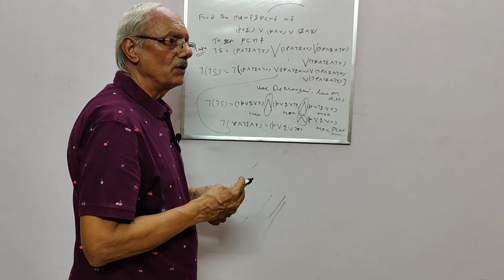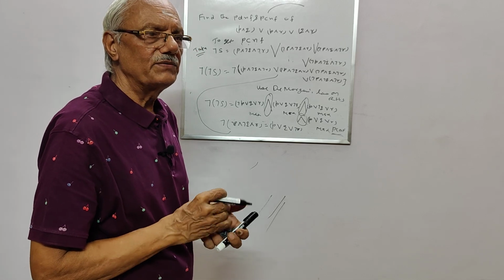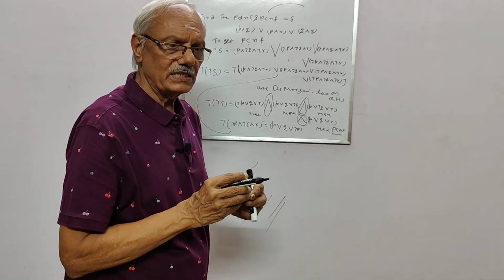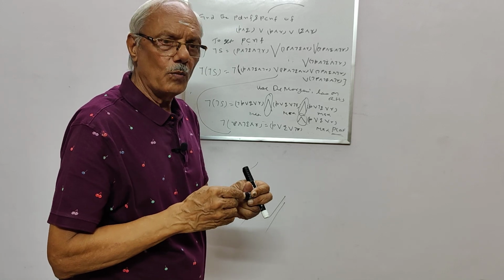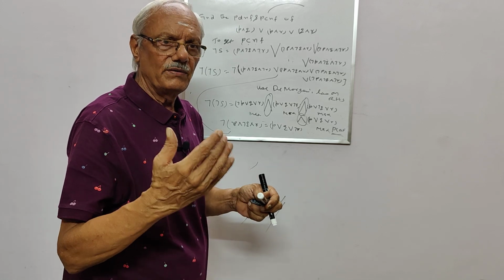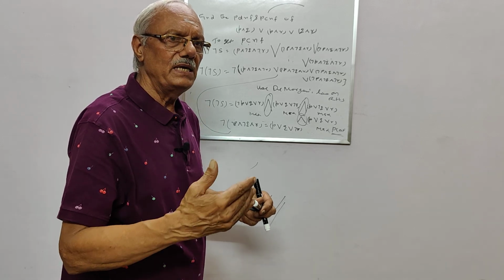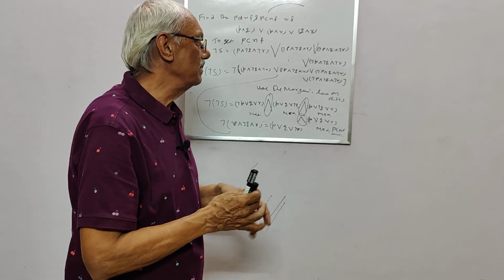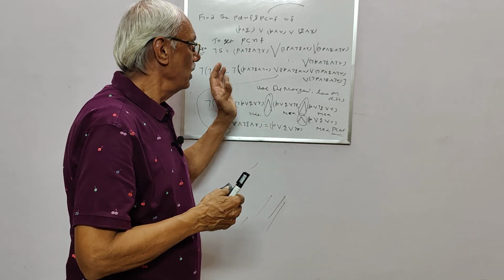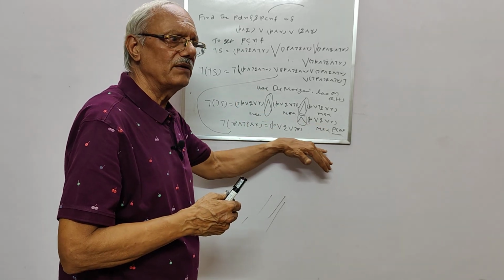So this is how we express a given compound proposition as a PDNF and PCNF. This is the method of doing it. First bring it to PDNF form.